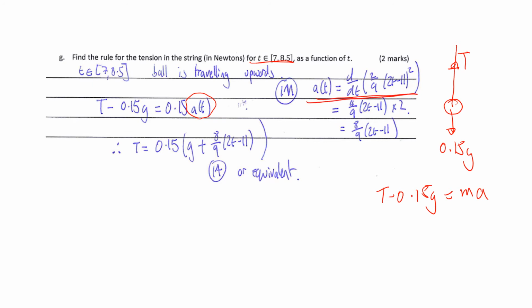I just simply need to differentiate that with respect to t, and I get this neat little expression, 8 on 9 times 2t minus 11, and I just need to replace that in this particular acceleration. So tension in the rope minus the weight force equals mass, 0.15, times acceleration, and in this particular case, acceleration is changing as a function of time, and we've determined what that rule is.